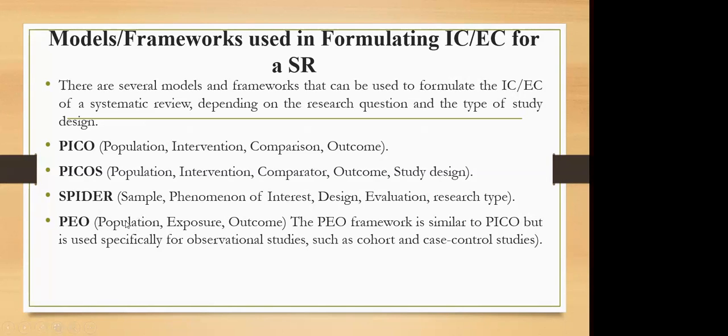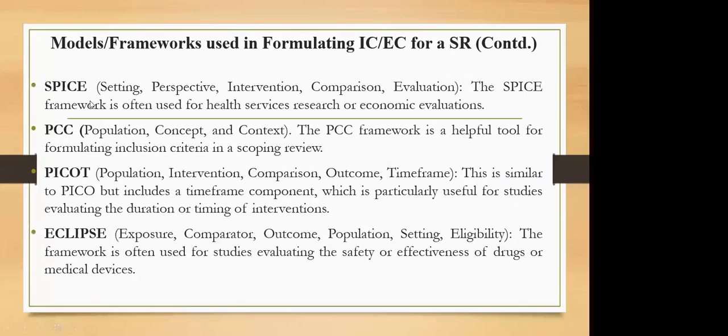So the basic thing you need to know in your inclusion and exclusion criteria is you need to clearly identify the suitable model for the topic, and also use that particular model to do what? To develop your inclusion and exclusion criteria.